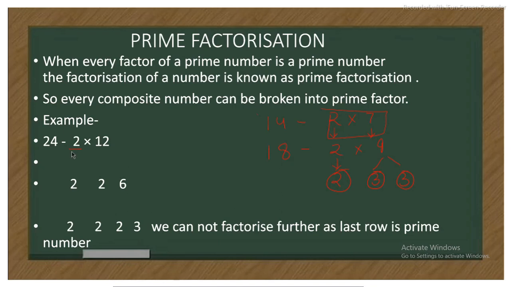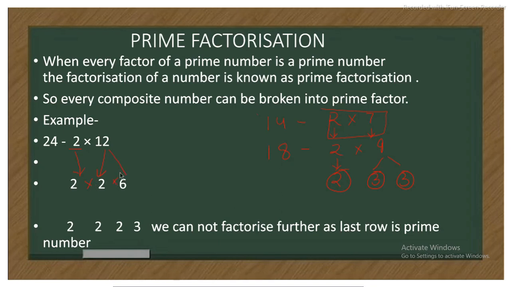So here 2 is a prime factor, cannot be further divided, and 12 can be further divided because 12 is a composite number, so it can be divided into 2 multiplied by 6.